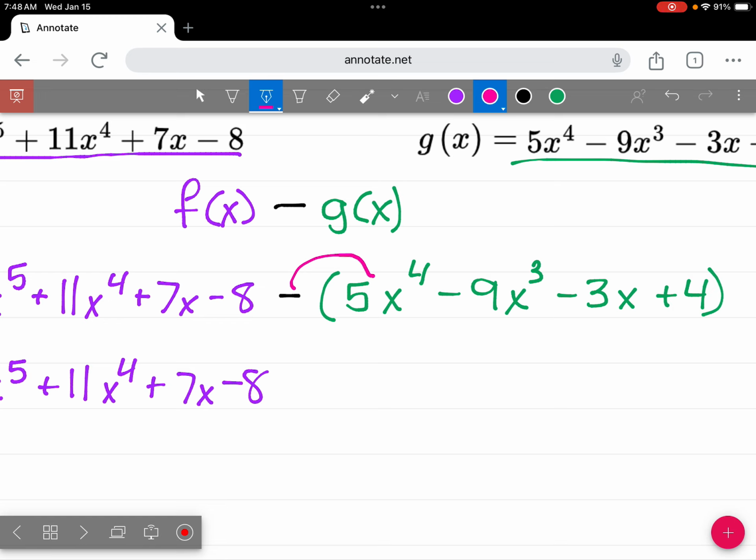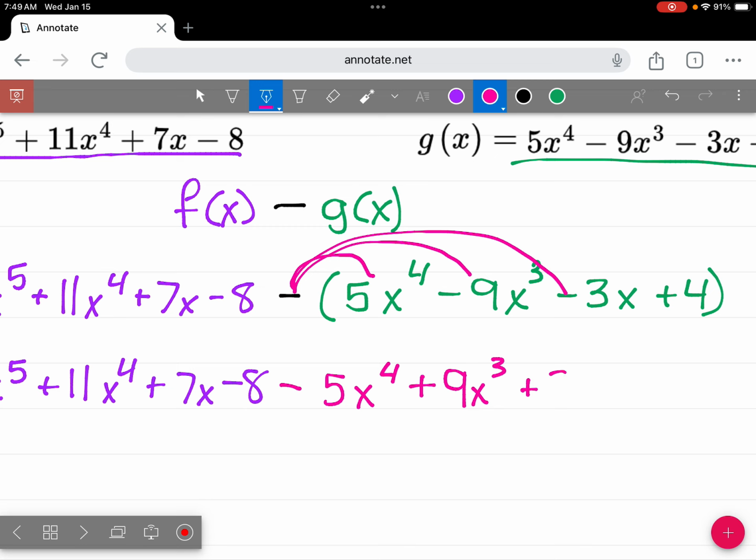So we're going to subtract our 5x to the 4th. We're going to subtract negative 9x cubed. So minus minus becomes a plus. Minus minus becomes a plus 3x. Minus positive 4 becomes minus 4.